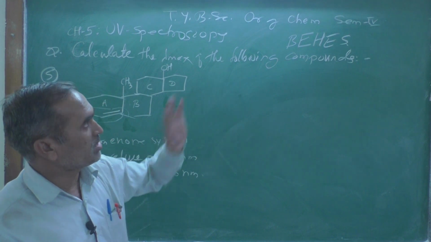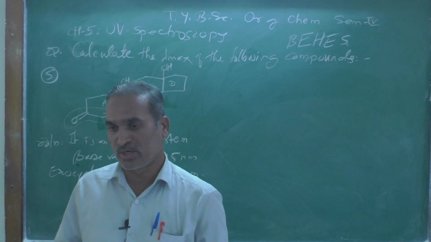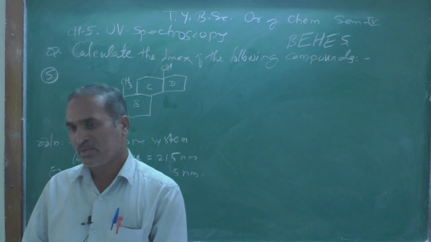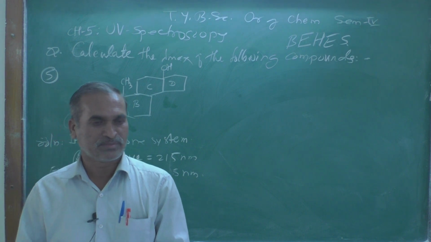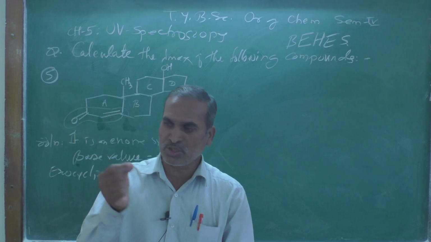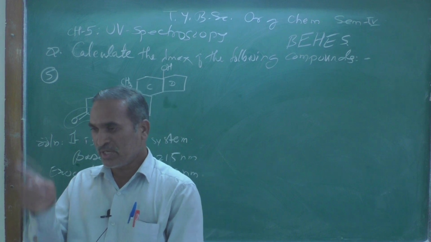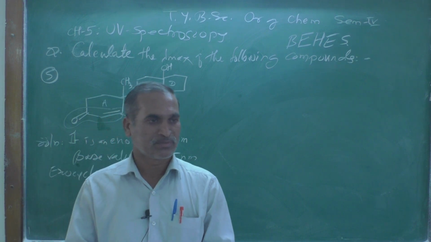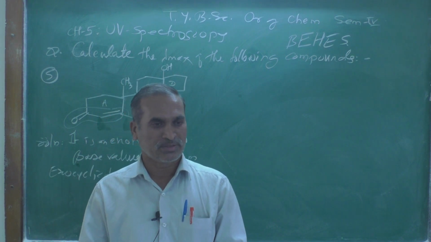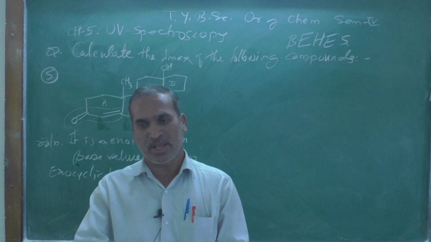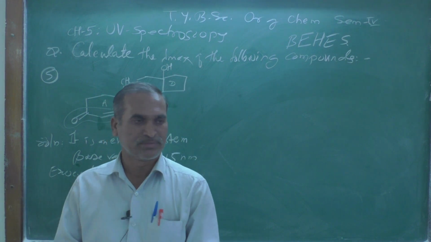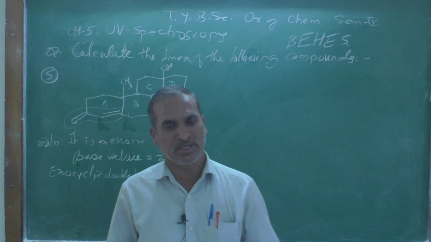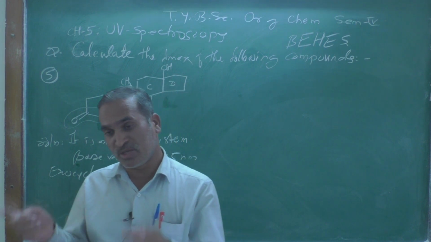So let's see, the last one is the substituent, and it is very significant, as most students get confused when considering the substituent in a diene system or in an enone system.